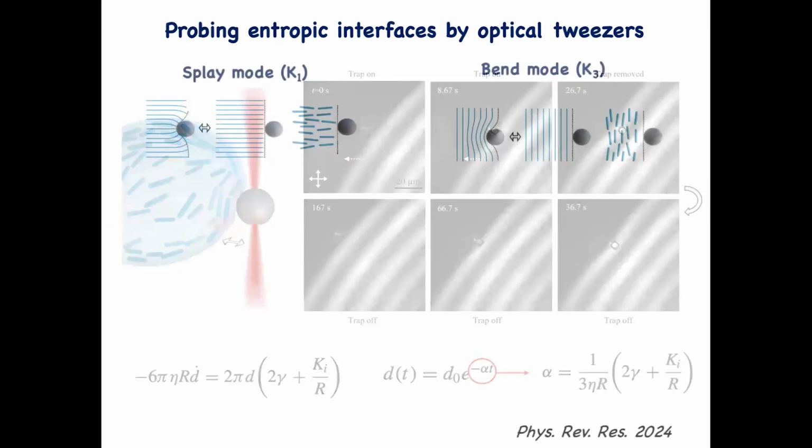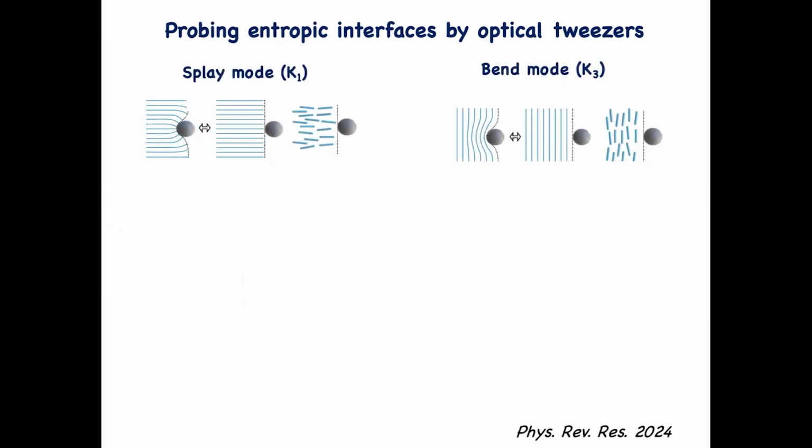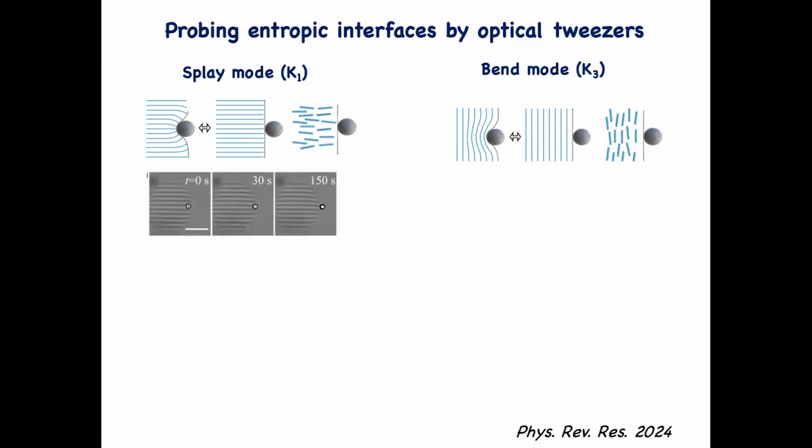For example, if you decide to probe splay, which is a deviation of rods that converge, you approach the droplet this way. Bending is if you have a bending of the magnetic field, so you go on the other side of the bend.